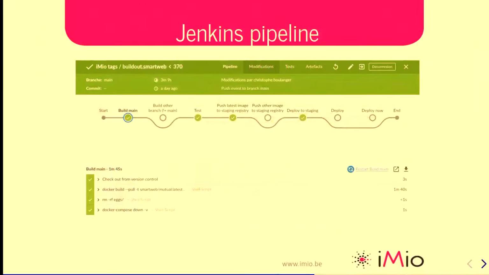And our pipeline is like that on Jenkins. There are a lot of stages, which work on the main branch, but we can also, for testing, create another branch, and with that we create an image with another name, not the latest name.